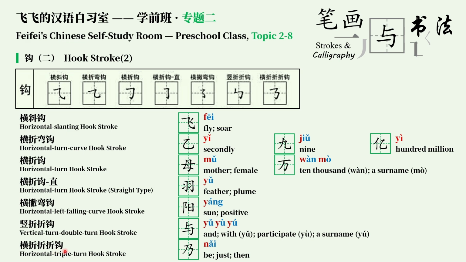横折折折钩 horizontal triple turn hook stroke. As the name suggests, this stroke has three turns: horizontal, turn down, turn left, turn down, upward hook.